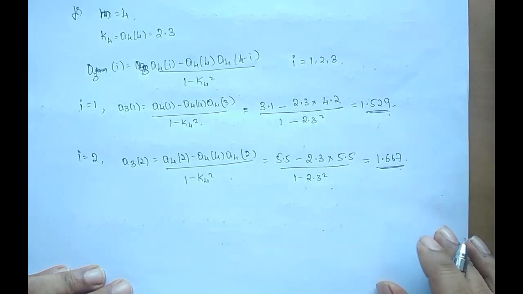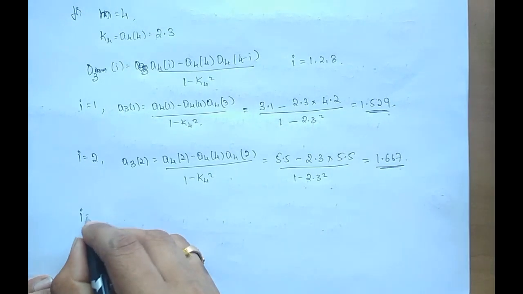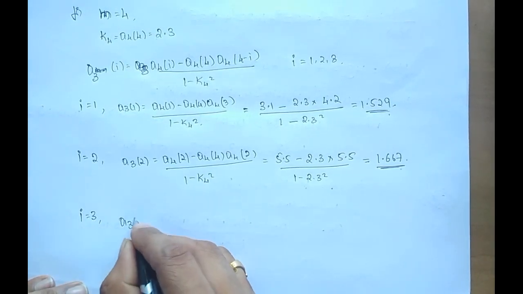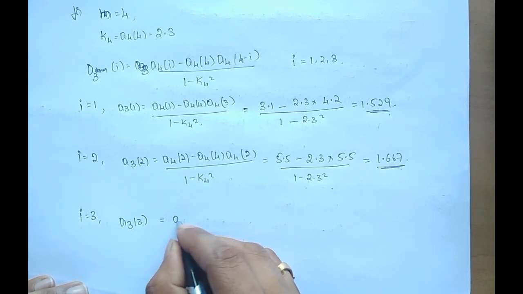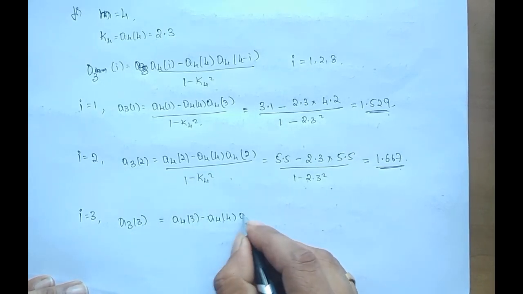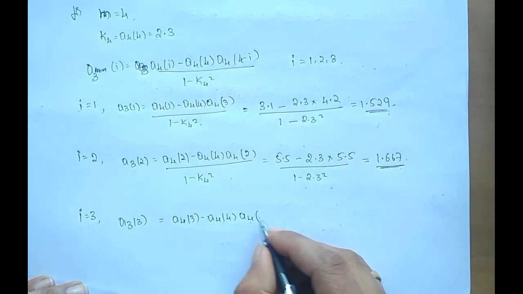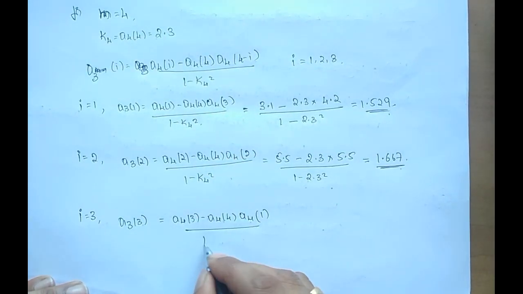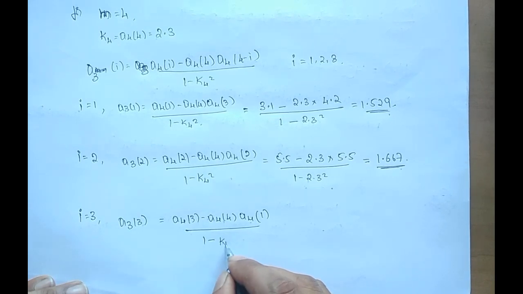1.667. Okay, now for I is equal to 3, we have a3 of 3 is equal to a4 of 3 minus a4 of 4 into a4 of, so 4 minus 3 is 1, whole divided by 1 minus k4 square.